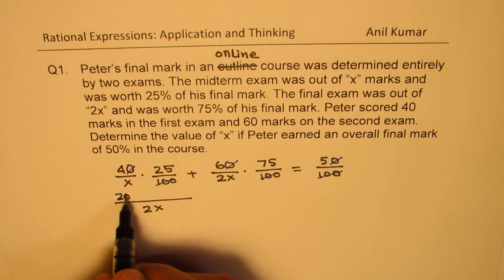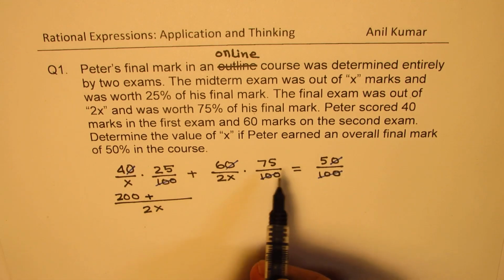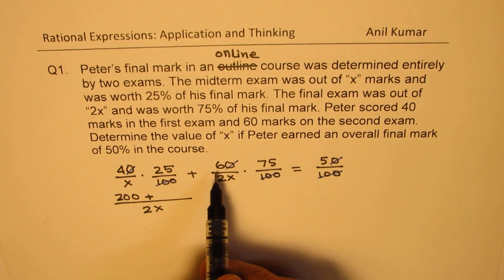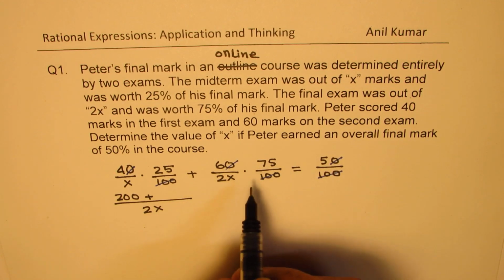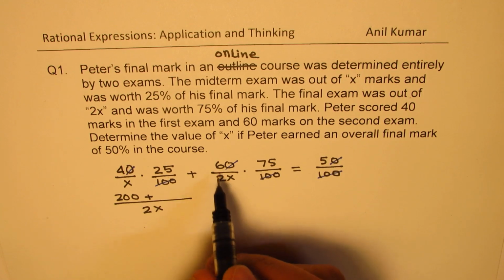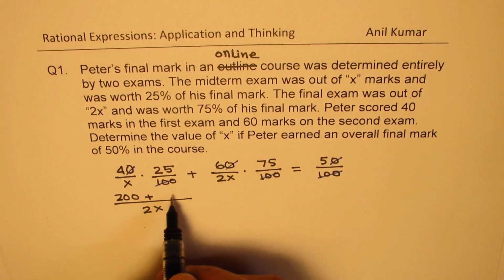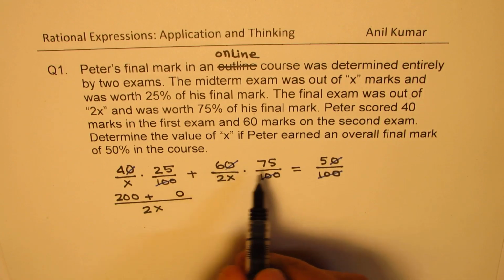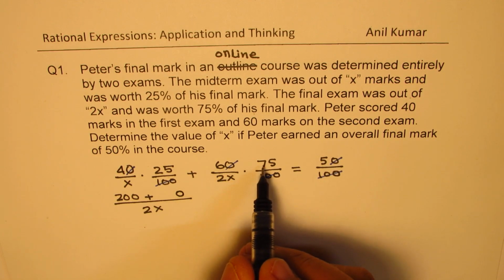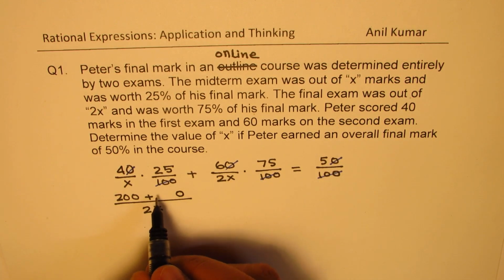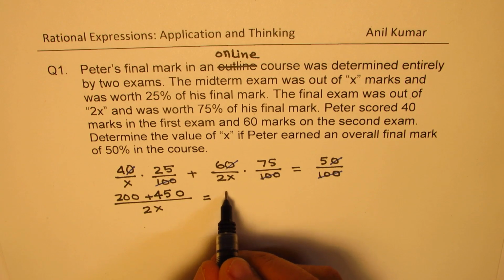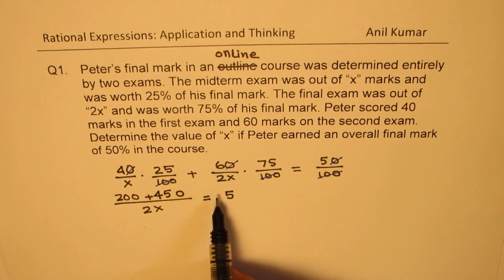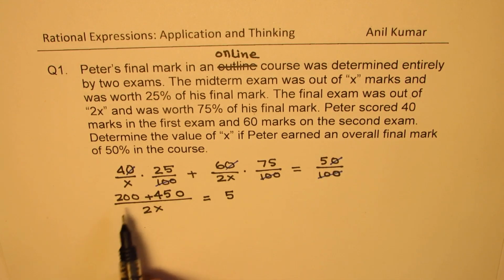So we get 200 plus, we'll write this term as such, 6 times 75. We could have simplified this also, right? 6 times 5 is 30, 0, 3. 6 times 7 is 42, and 3, 45. Equals to 5, right? We could have simplified this further before doing this work.